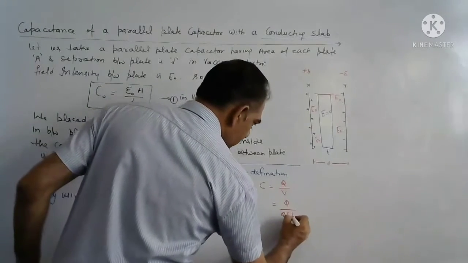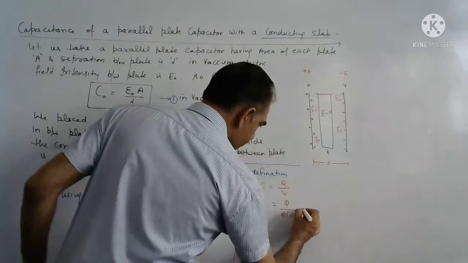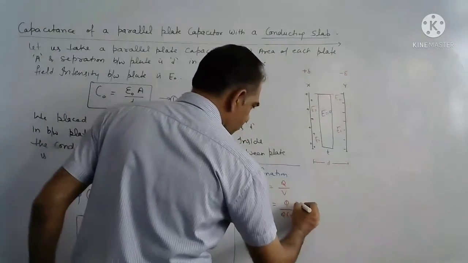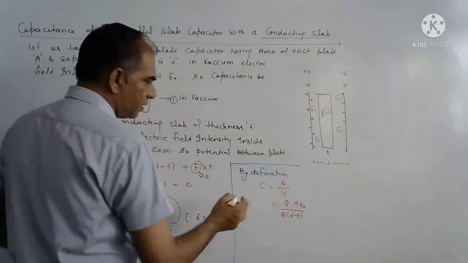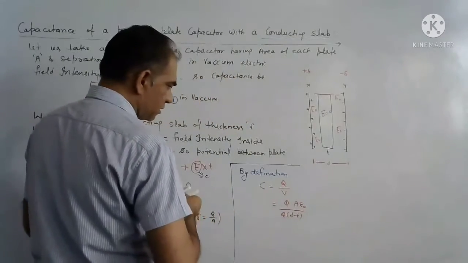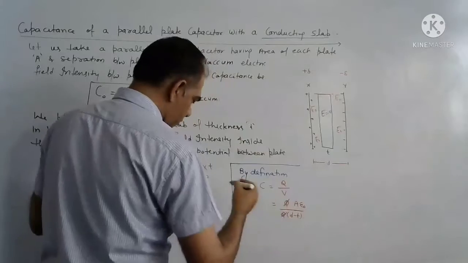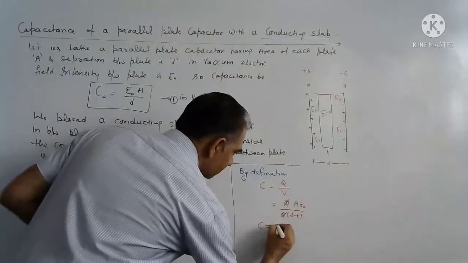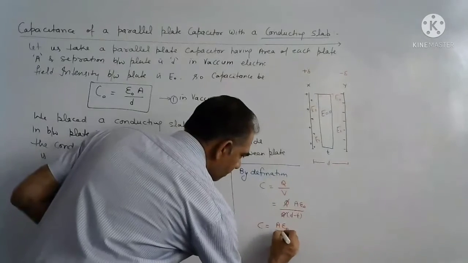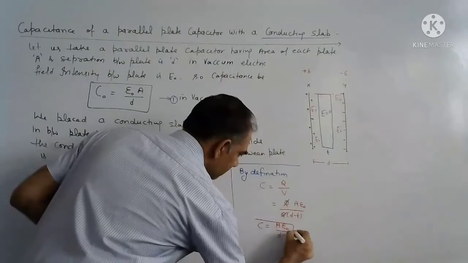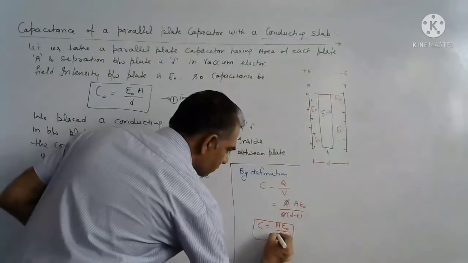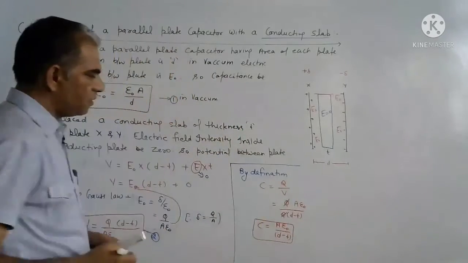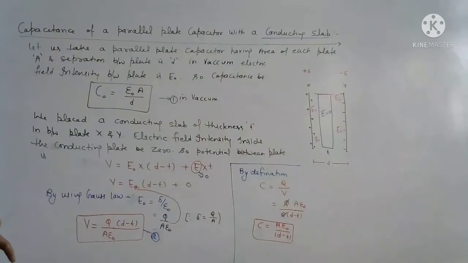Q times d minus t upon A epsilon naught. Q cancels with this Q, and the remaining part we get here: C is equal to A epsilon naught upon d minus t. Now this is the new value of capacitance in the presence of a conducting material.